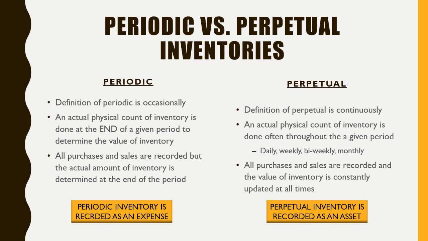But for perpetual, the true difference is that everything and anything will go straight into inventory. You record it directly as an asset. No ifs, ands, or buts about it. It's not an expense, it's straight into the inventory asset account.